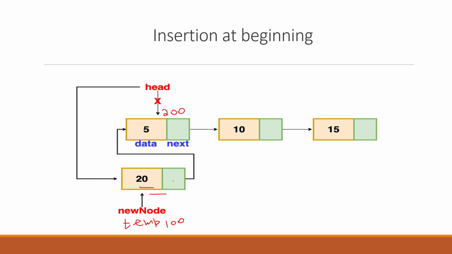Here this is the temp link, and we are going to assign the address of start or head to temp link, that is 200. So this link is created.